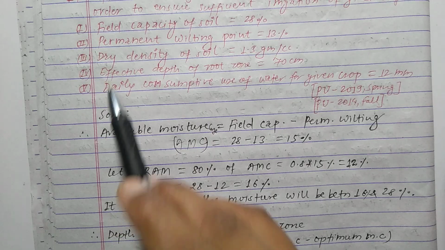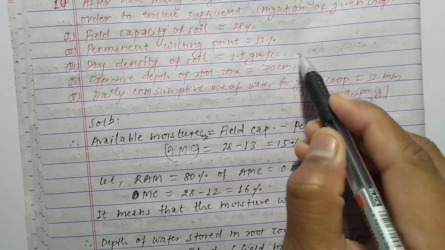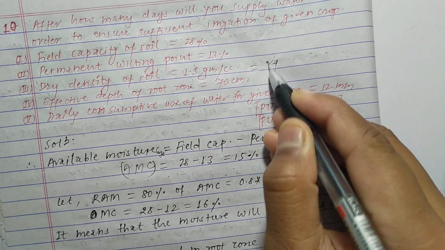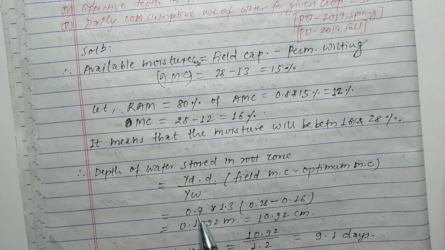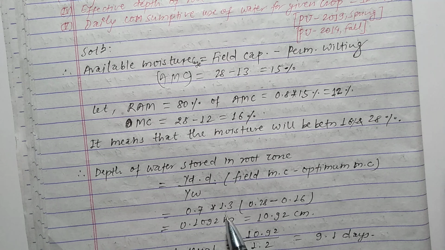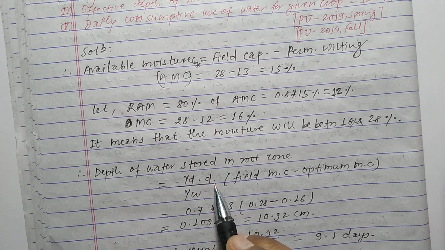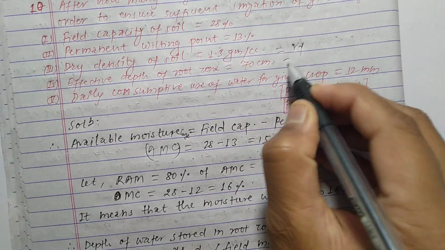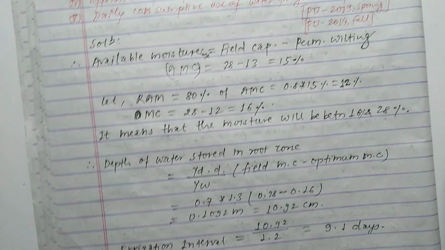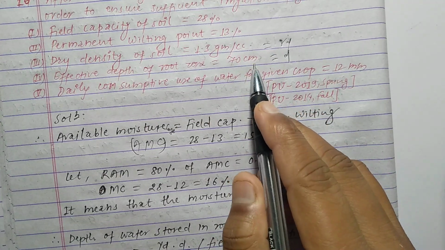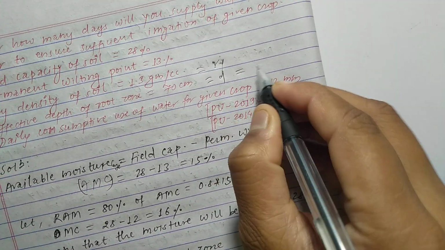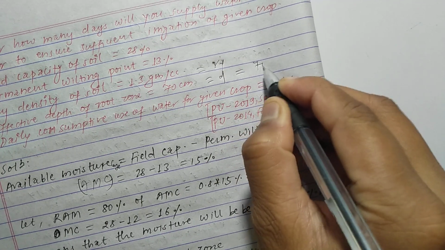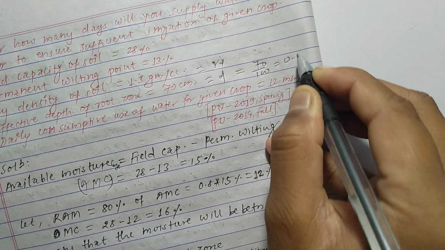Gamma D is the dry density of soil, 1.3. D is also given in the question, the effective depth of root zone equal to 70 cm. We have to convert this value to meters, so we get 70 by 100 equal to 0.7 meter.